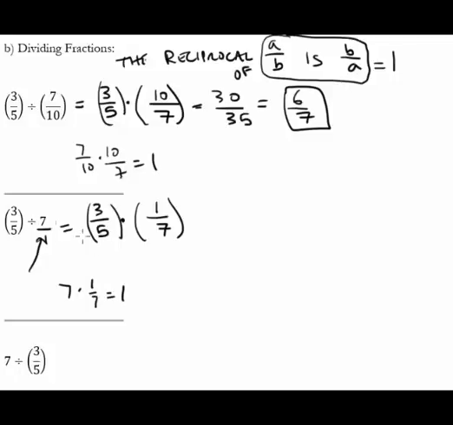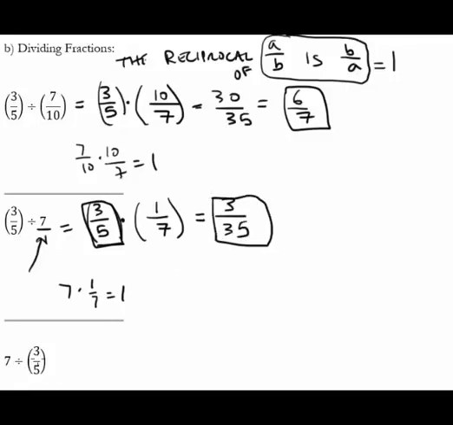So in either case, dividing by 7 is the same thing as multiplying by 1/7, and that makes sense because taking a 1/7 of, I don't know, a cake is the same thing as taking that cake and dividing it by 7. We multiply across. 3 times 1 is 3. 5 times 7 is 35. And this is our answer here.